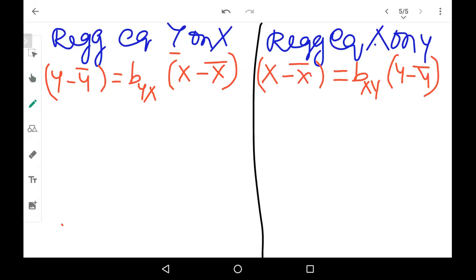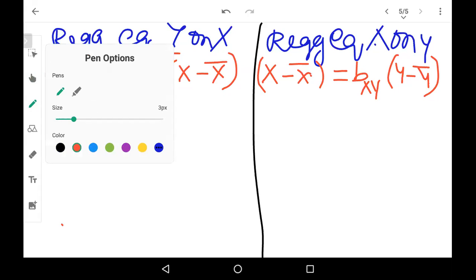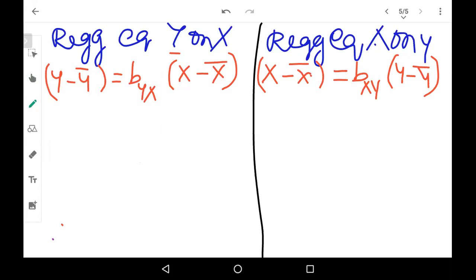Now let us move on and solve. This equation you can also rewrite. This is one equation, this is one equation. Let us rewrite that again. Y minus y bar, I'll write it like this only. Instead of writing byx, we will write the coefficient. What is the coefficient?